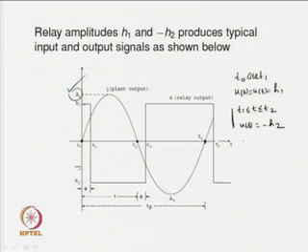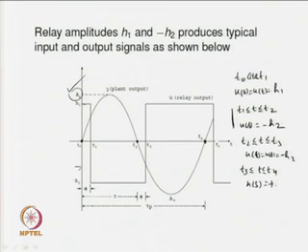Then I will consider another time span, t 2 less than or equal to t less than or equal to t 3, the input to the system u t is equal to minus H 2, and finally, for the time range t 3 to t 4, the input to the system u t is equal to plus H 1.